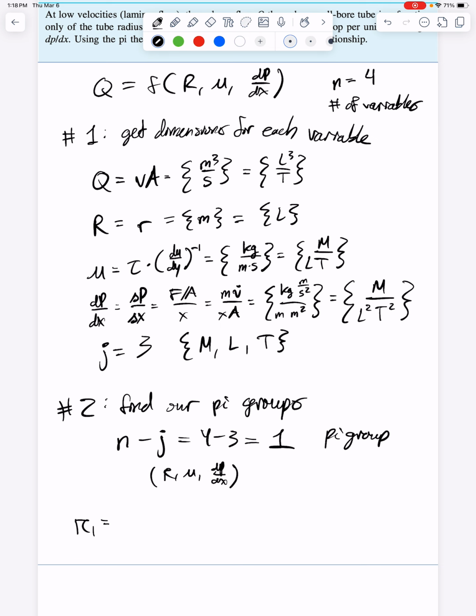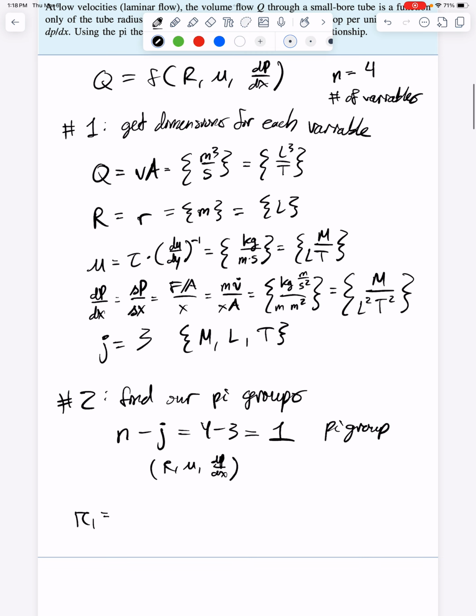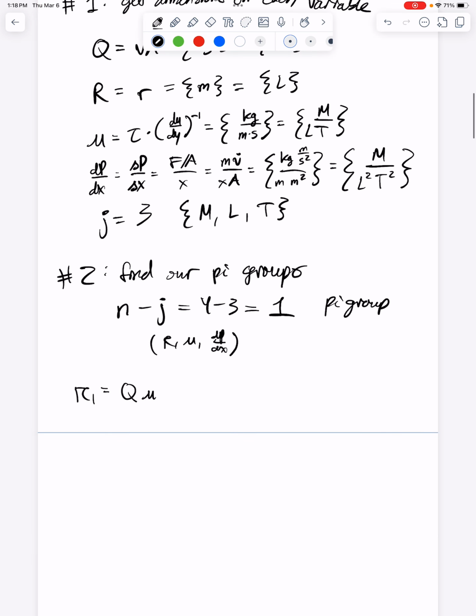So pi 1 is going to be equal to q times, oh yeah, q is what we care about, so we're going to leave q by itself. And we have r, mu, dp dx. These 3 terms are going to be raised to the power of a, the power of b, the power of c, because I'll be adjusting and varying these parameters in order to non-dimensionalize q.